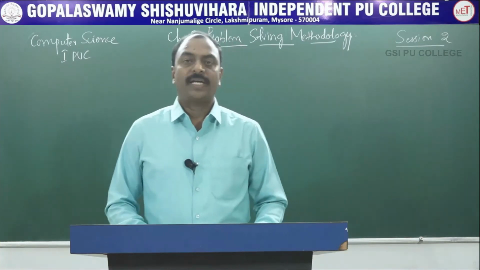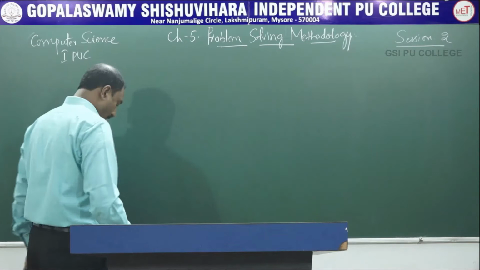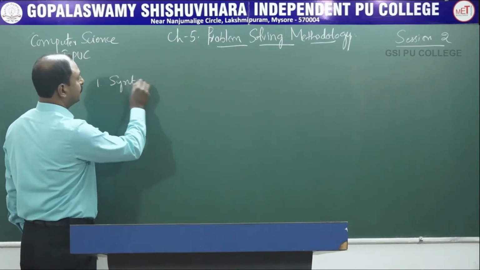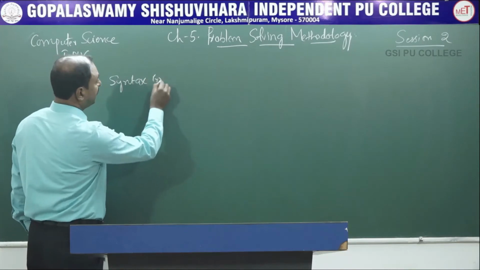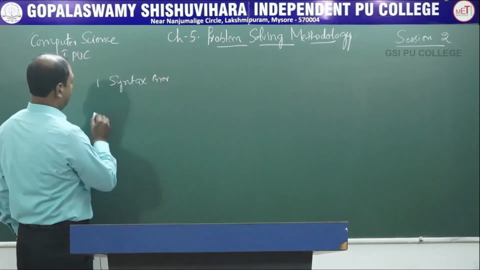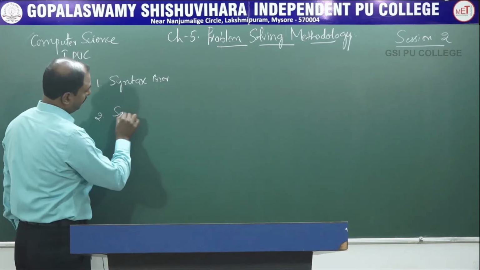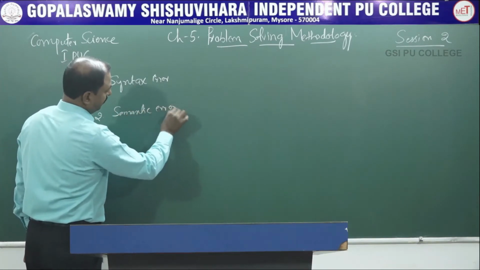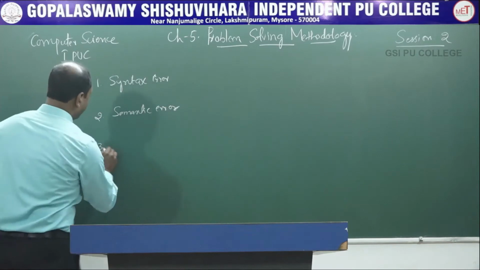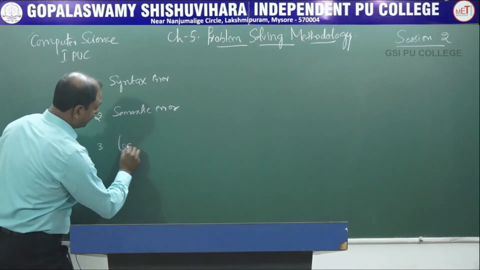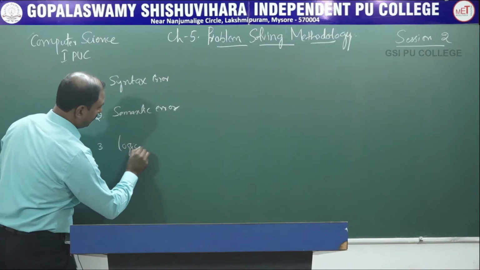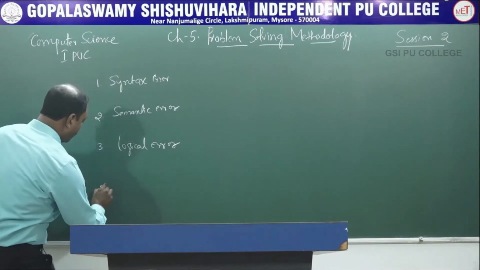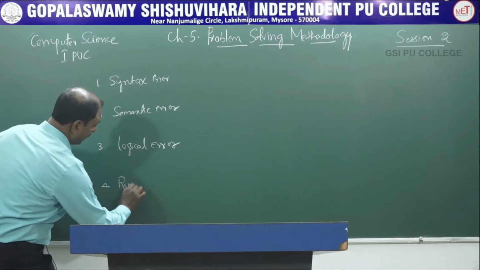There are 4 types of errors. They are: first one is syntax error, second one is semantic error, third one is logical error, and fourth one is runtime error.